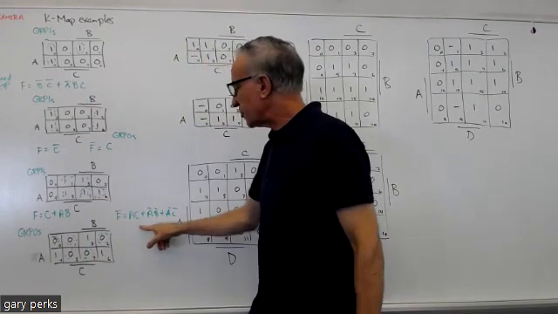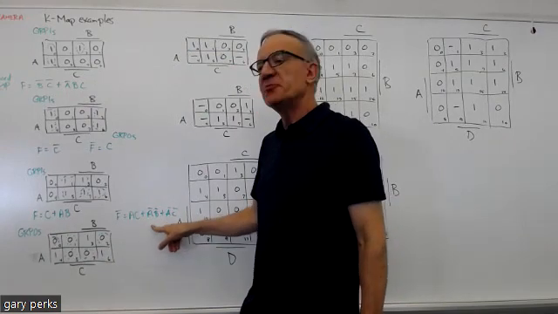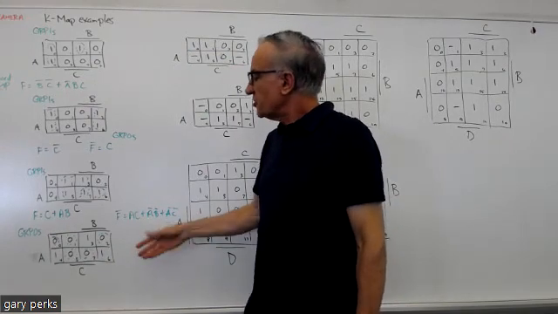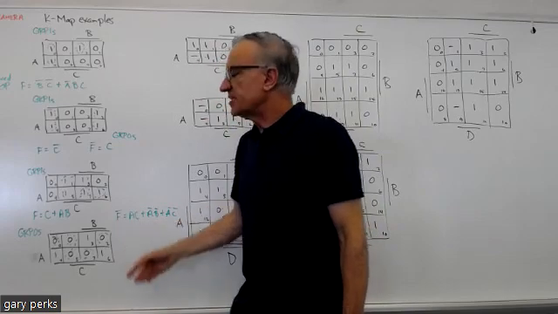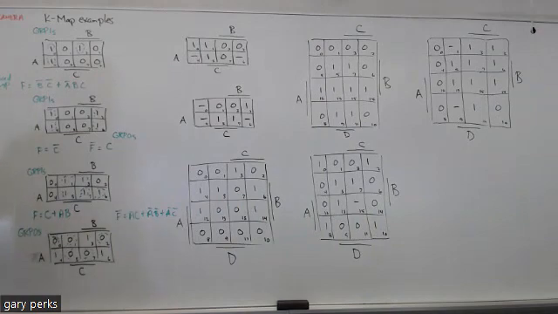So I would still have an expression that had 3 terms where each term was 2 variables. It would be a little bit different. I just included this example to point out that sometimes a K-map will give you multiple correct solutions, like multiple equally reduced expressions.